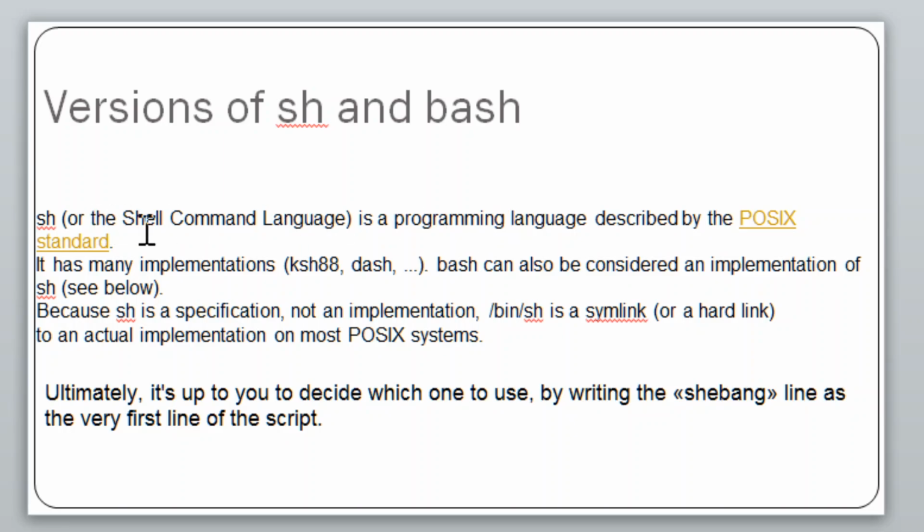It has many implementations such as K shell 88, dash, and others. Bash can also be considered an implementation of shell. Because shell is a specification, not an implementation, /bin/sh is a symlink or hardlink to an actual implementation on most POSIX systems. Ultimately, it's up to you to decide which one to use by writing the shebang line as the very first line of the script.